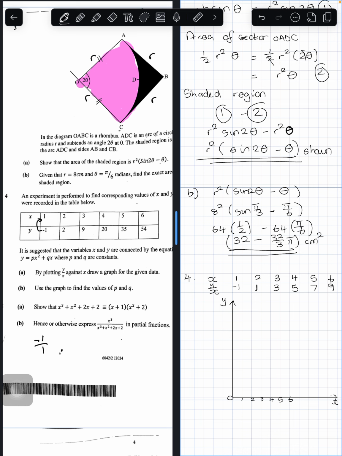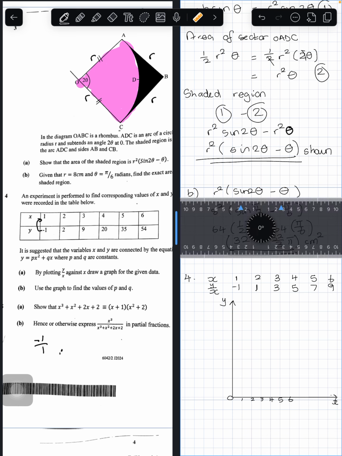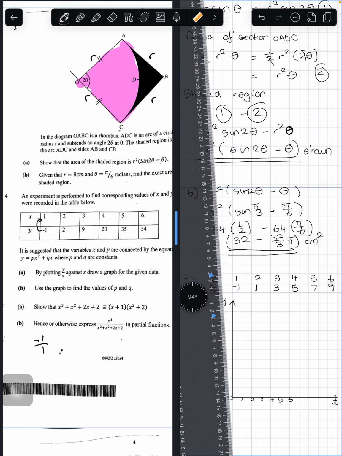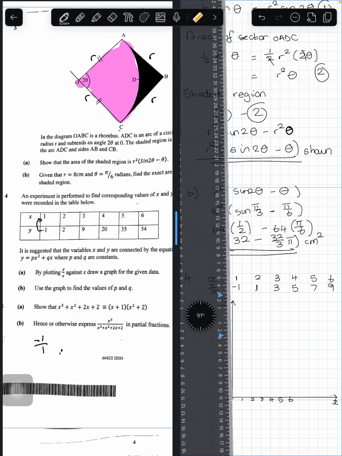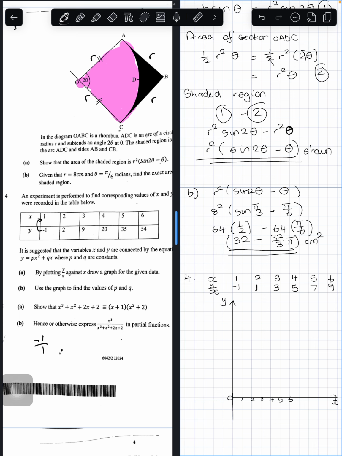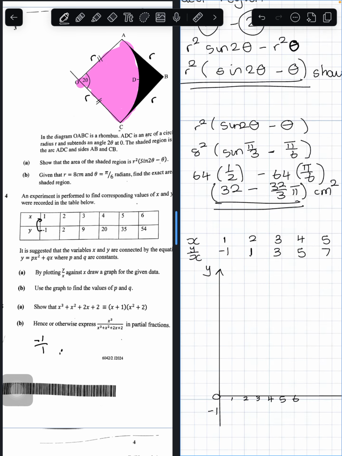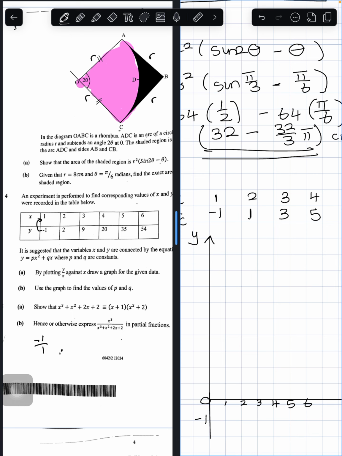So let me just increase my line. Let me have the ruler again. Perfect. So this is -1. Let me bring it closer like that. So my 0 is there. Then 1, 2, 3, 4, 5, 6, 7, 8, 9.